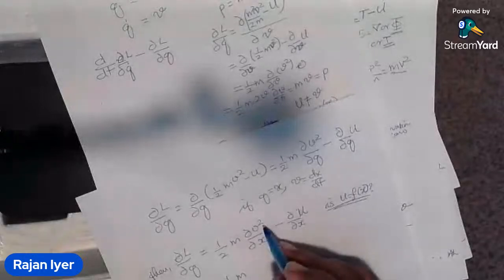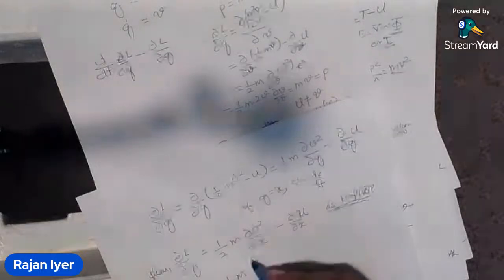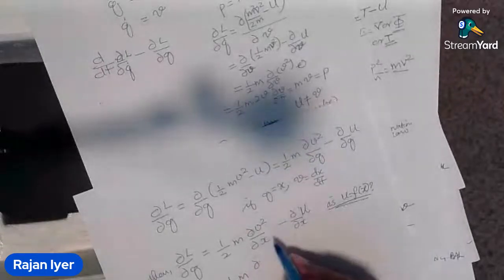So now, in order to differentiate that with respect to x, we can do two things. I'm going to convert it to p squared over 2m. So del v, I can change it to dx by dt also. Let's try that.